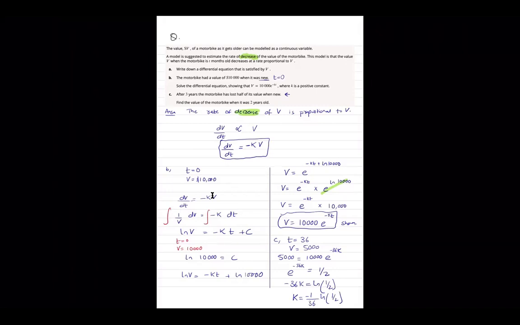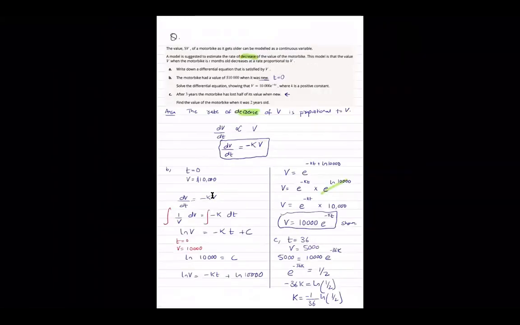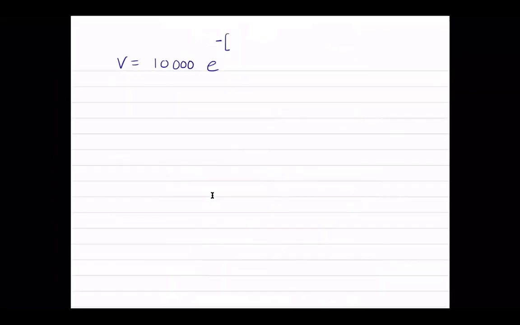Find the value of the motorbike when it was 2 years old. Using the same equation, V equals 10,000 e to the power of minus K, and instead of K, what I'm going to write is minus 1 upon 36 ln 1 upon 2, t. Okay, and we know t is 2 years.